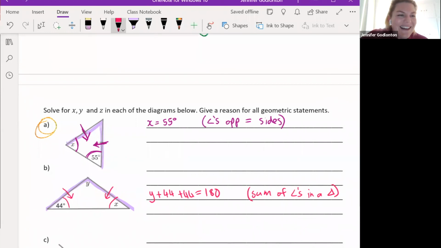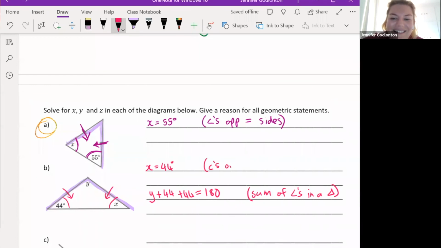So some people have helped you out in the chat over here. The reason we can't start there is because we have a step that we need to pop in first. Let's see if Junior can help you out there. Junior, what step would I need to put in before I jump to y plus 44 plus 44 equals 180? Ma'am, it's x equals 44 degrees. Yes. What's my reason?